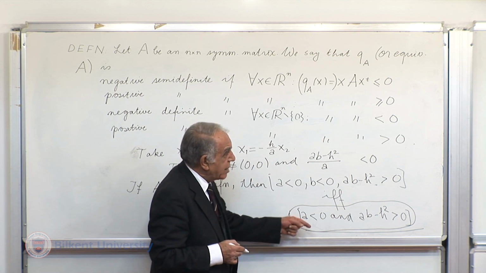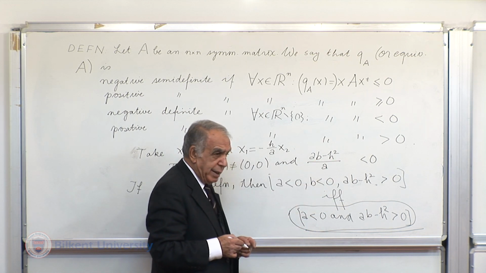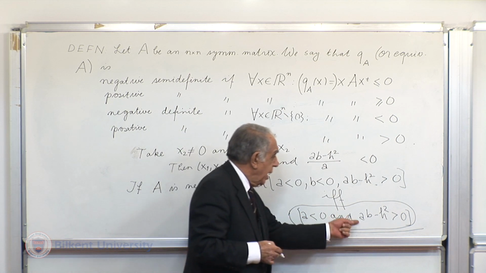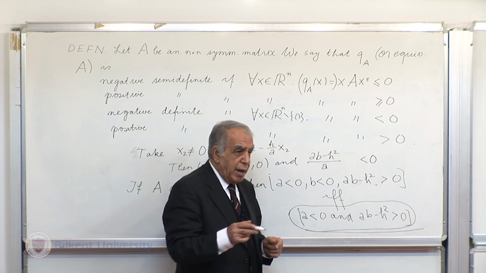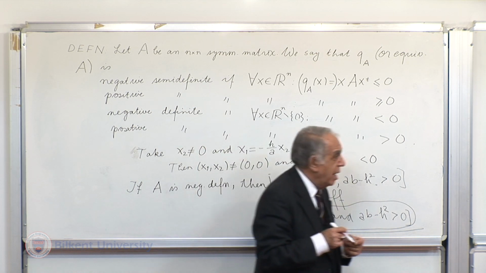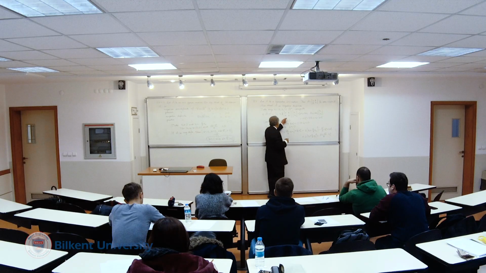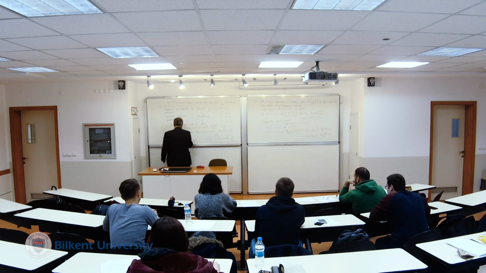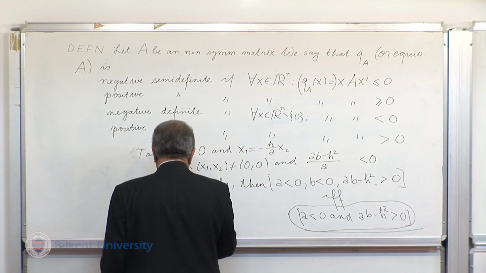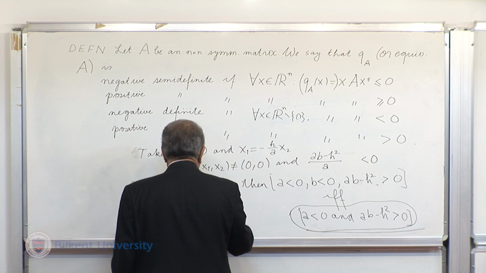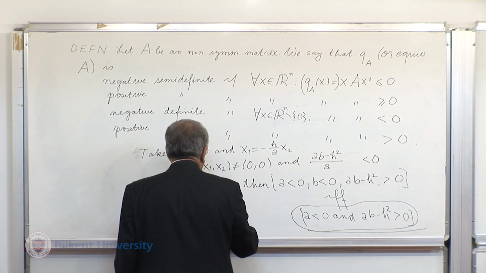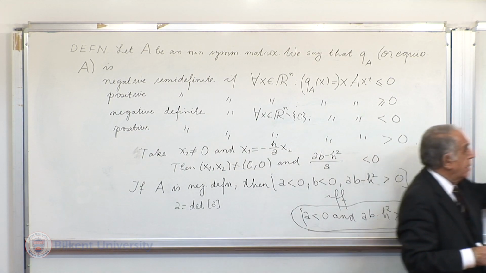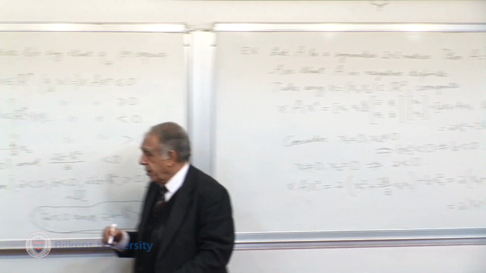But let us go back to the matrix and let us see whether this and this expression have some further meaning concerning the matrix. The matrix was this. Well, in fact, A is the determinant of the 1 by 1 matrix A, and this is the determinant of the entire matrix.